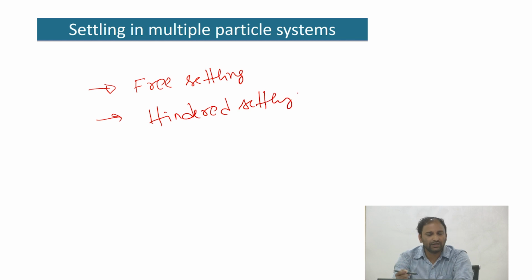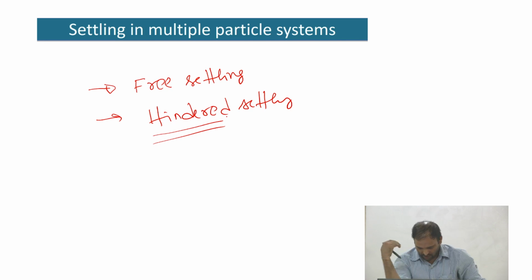And we said that hindered settling is going to occur if you have cases where the particles are close enough, or if there's a coupling of the way the particle settles with the wall of the container or with other particles in the system. That's what is called hindered settling, where the motion of the particle is influenced by the other particles in the system plus the wall of the container, right?